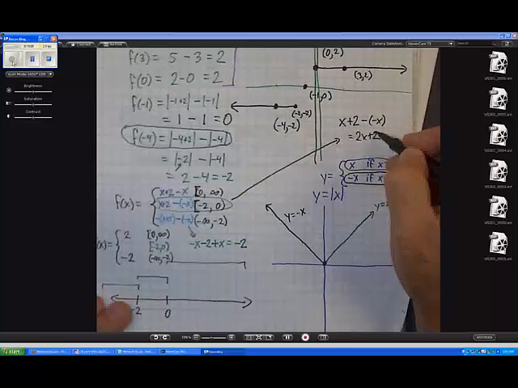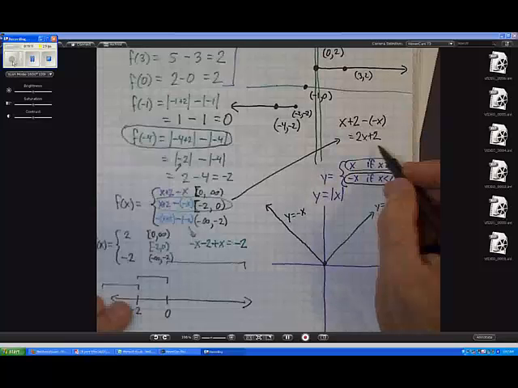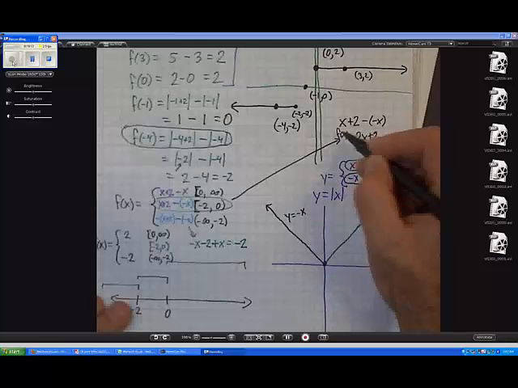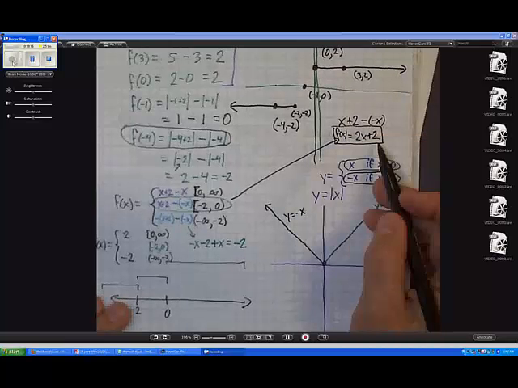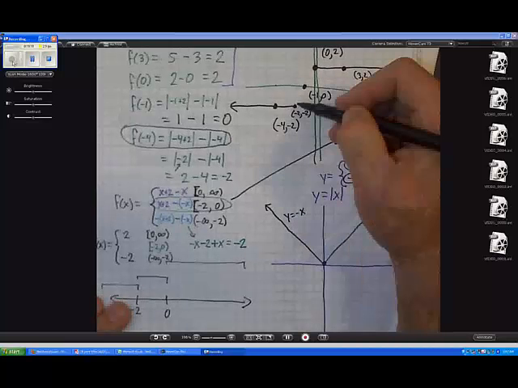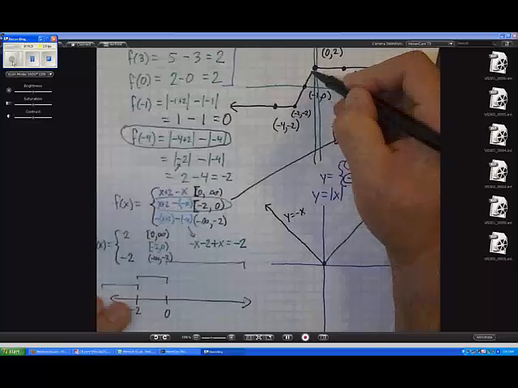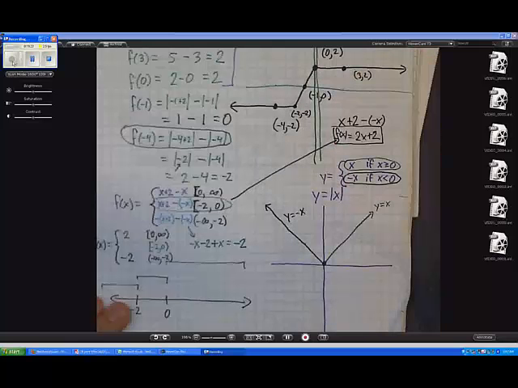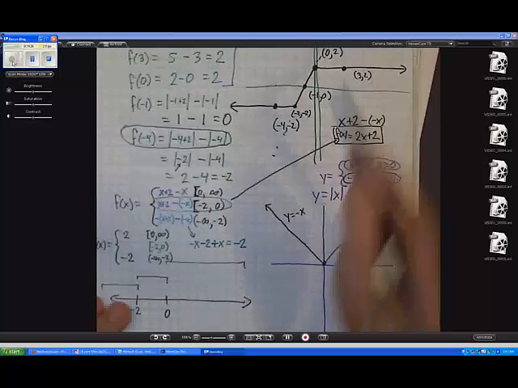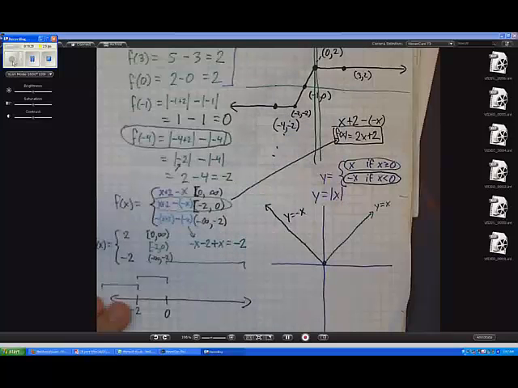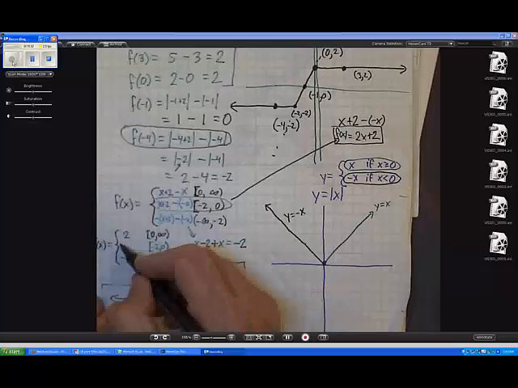Do you guys know what the graph of 2x plus 2 is? It's a line. Slope is 2. What's the y-intercept? That's why the graph goes right through 0, 2. See, it's on the line that you guys studied last night when we studied linear functions. And that is the hardest kind of problem you'll be assigned tonight, I would say.